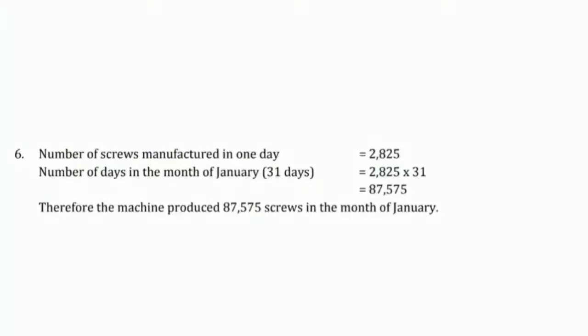Okay, so this 31 we will multiply by the 2825. So it will come 87,575. Therefore the machine produced 87,575 screws in the month of January.